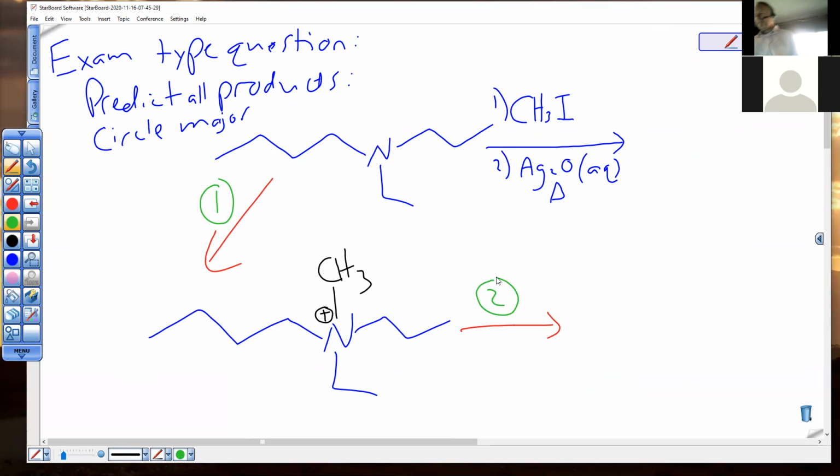You've got to identify the beta hydrogens or else you're in trouble. Remember, the nitrogen's the thing leaving. And that by definition makes any carbon attached to nitrogen an alpha carbon. That's the second alpha we ever saw in Orgo 1.